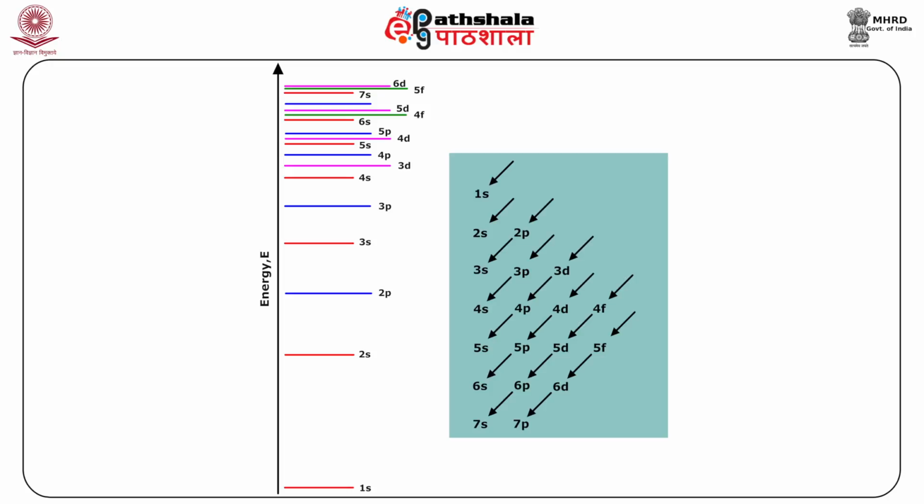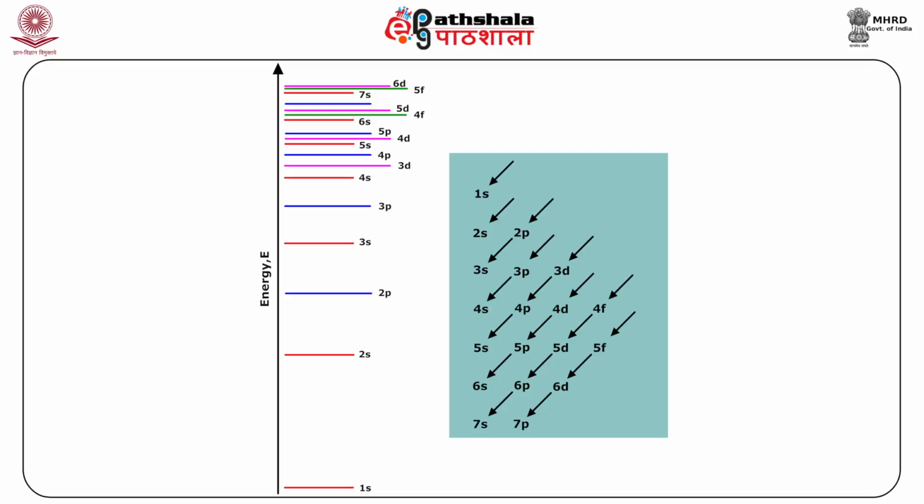The n specifies the principal quantum number, and l specifies the azimuthal quantum number. Both of these quantum numbers will be further discussed in the later part of the section.